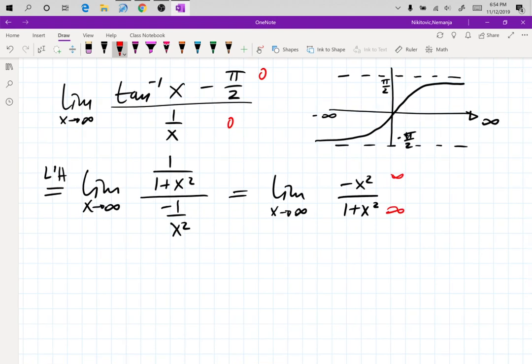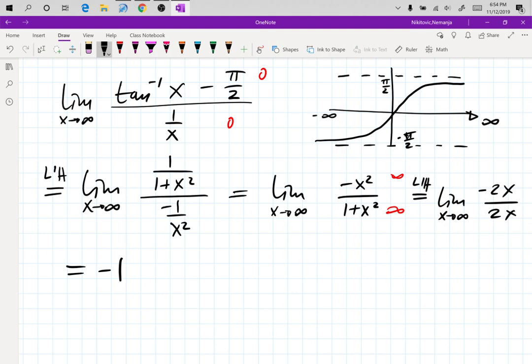Yeah, we get infinity over infinity, which means we can unleash L'Hopital. This time, we get the limit as x goes to infinity of negative 2x divided by 2x, and now the whole thing cancels to negative 1. So the limit should be negative 1. And then you graph it, you verify it, and then you move along.